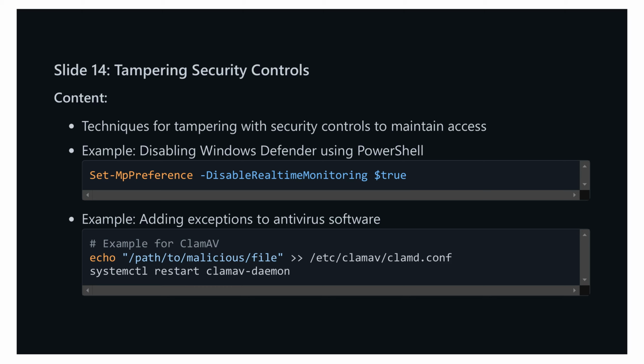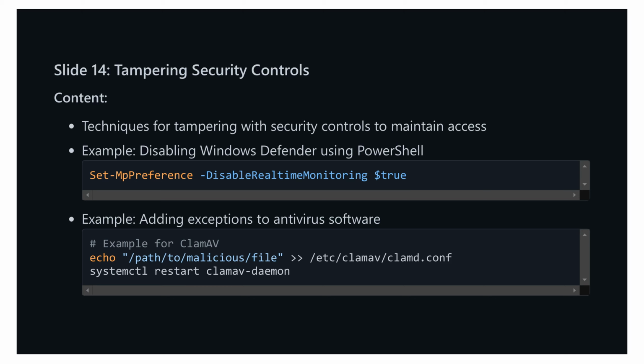Another approach is to add exceptions to antivirus software, such as ClamAV, by appending a specific file path to the ClamAV configuration file and restarting the service with systemctl restart clamav-daemon. An attacker can ensure their malicious file is not scanned, thereby avoiding detection. Understanding these tampering techniques is crucial for penetration testers, as it helps in identifying and mitigating similar strategies employed by malicious actors.